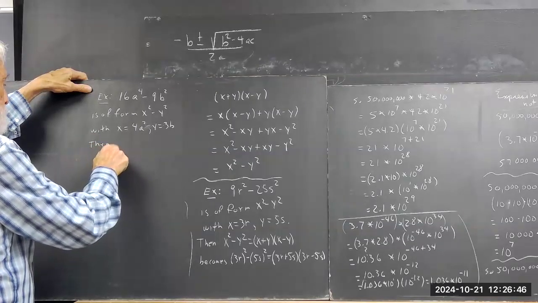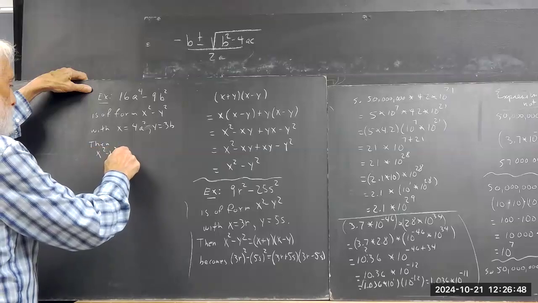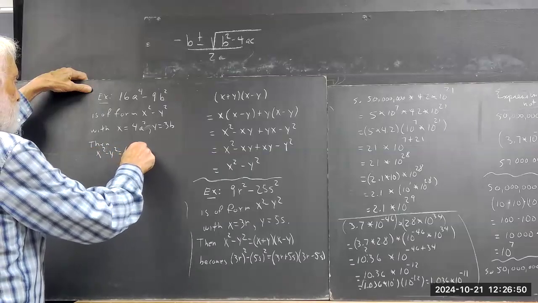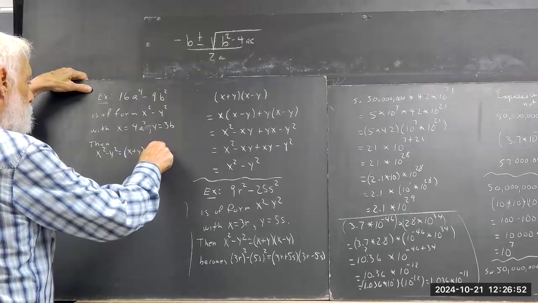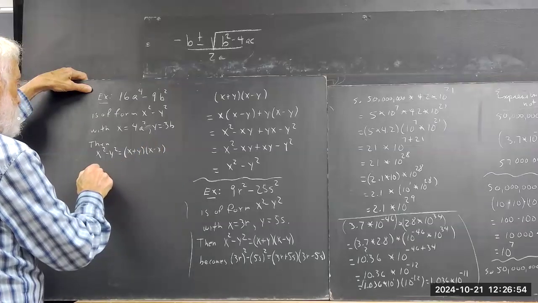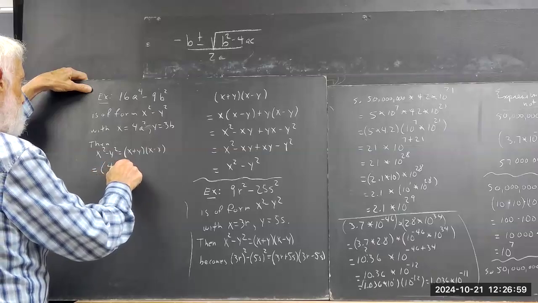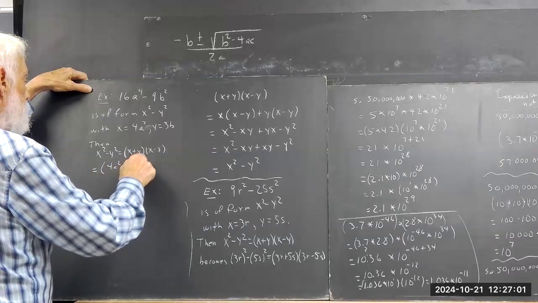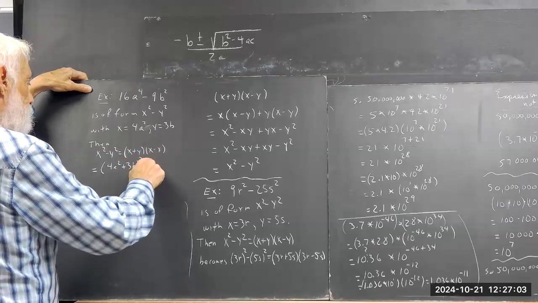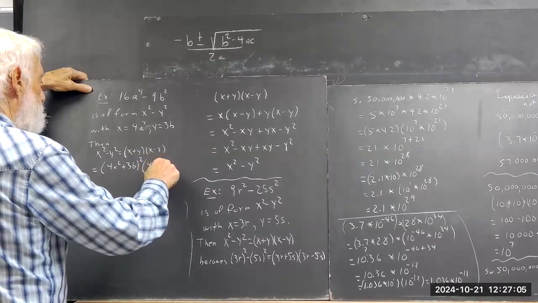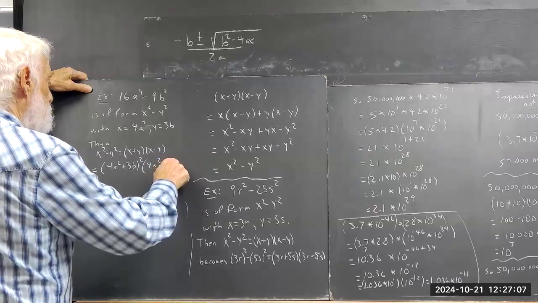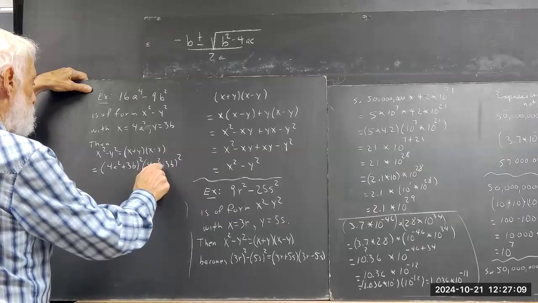Then x squared minus y squared equals x plus y times x minus y equals 4a squared plus 3b, all that squared, times 4a squared minus 3b, all that squared.